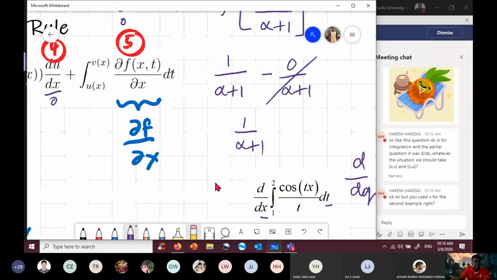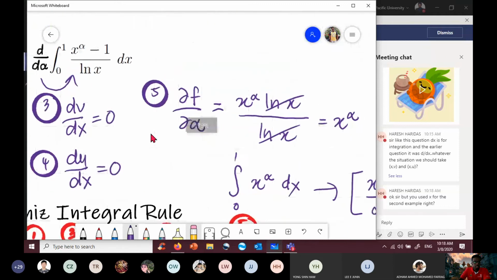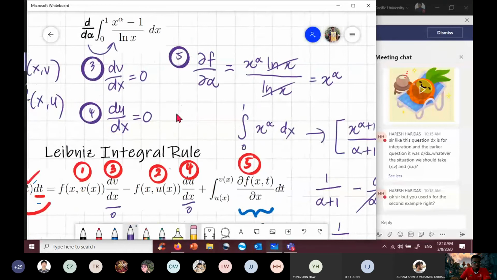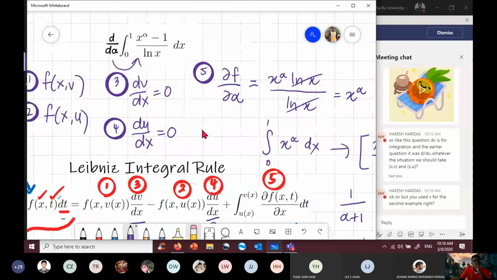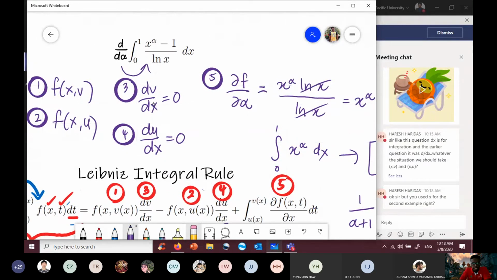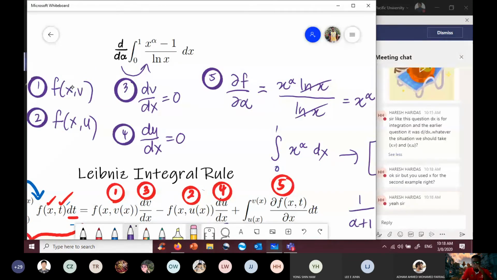Did I use x accidentally? Oh my goodness. Sorry. You mean this part, right, Harish? I used x. Oh my god, so sorry for that. Okay, you are right. No wonder you're confused. I was wrong here. Yes, so sorry about that.